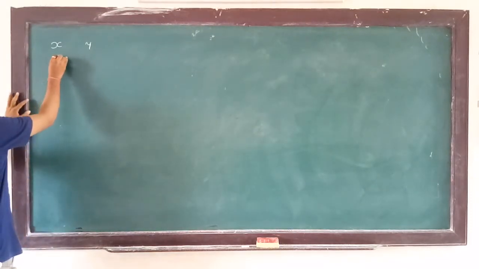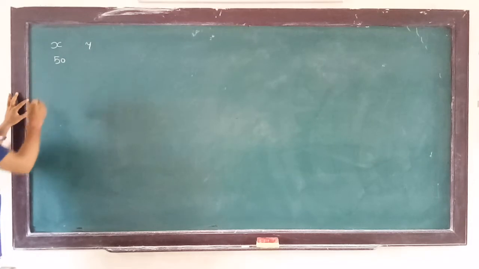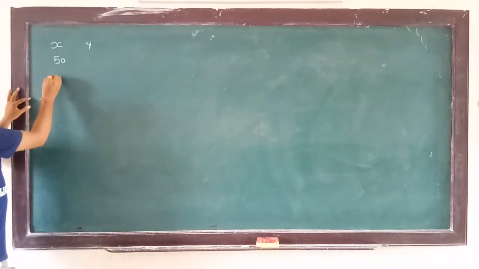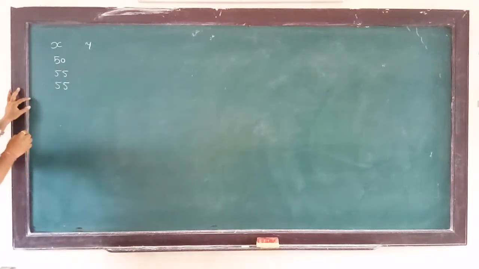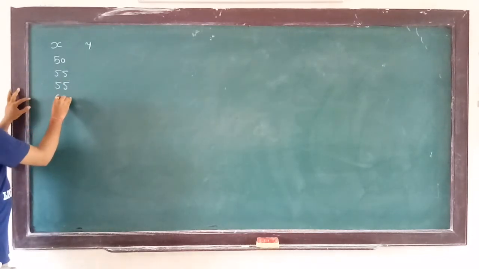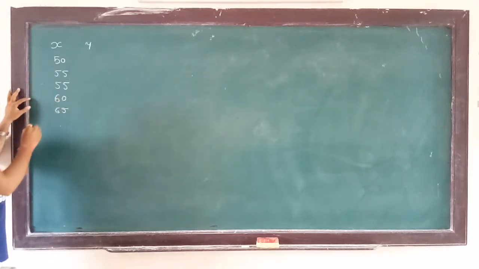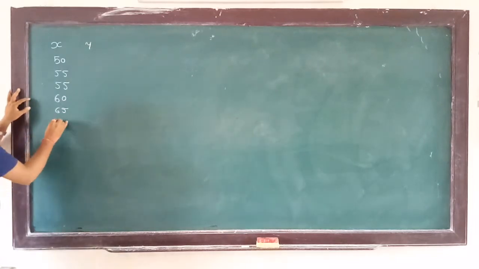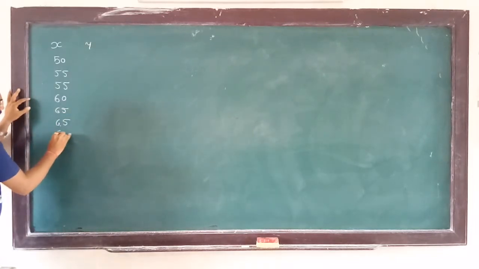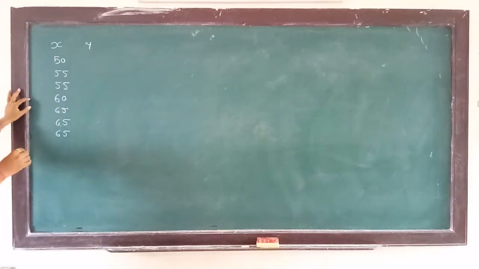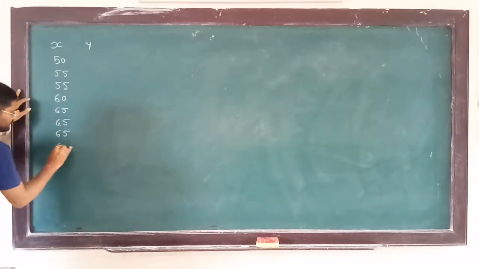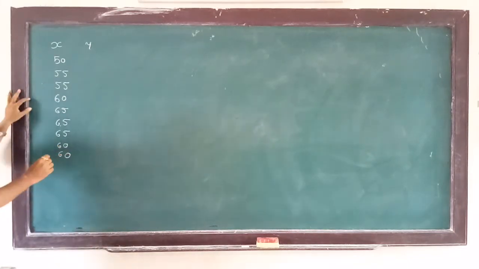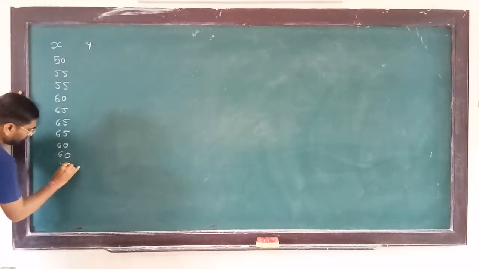The values of x are 50, 55, 55, 60, 65, 65, 65, 60, 60, and last 50.